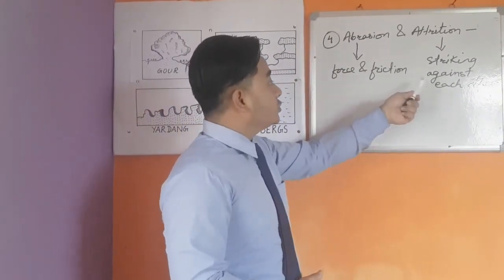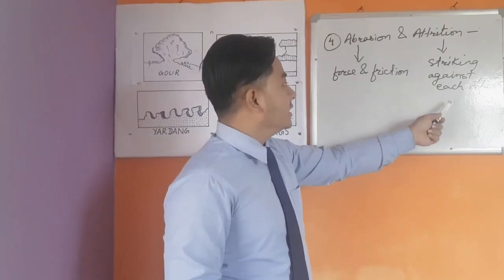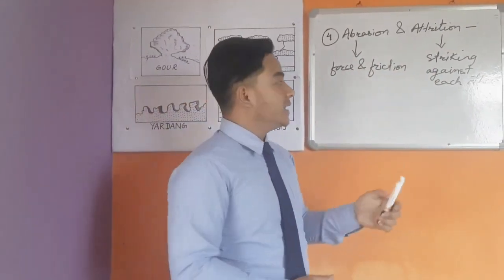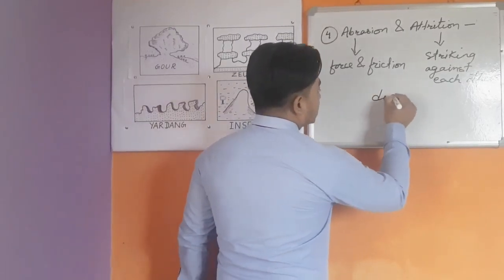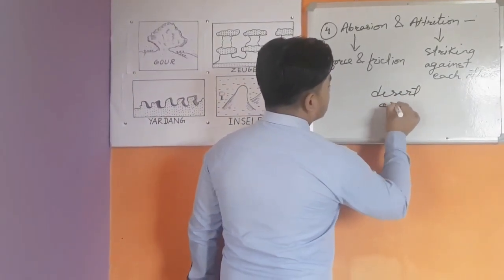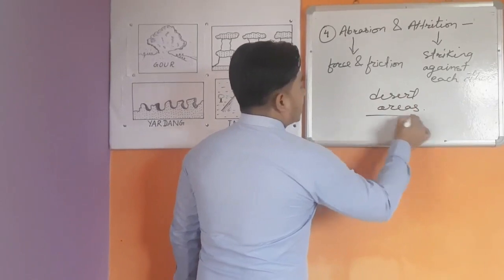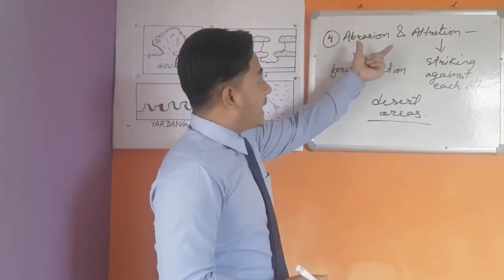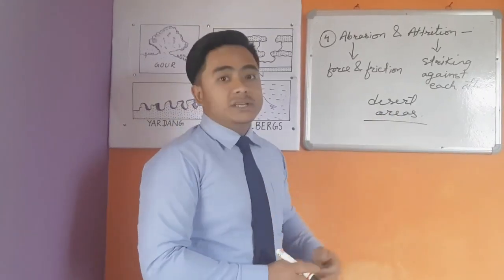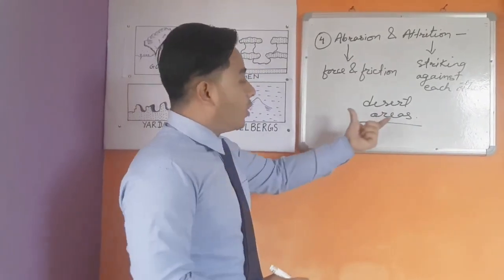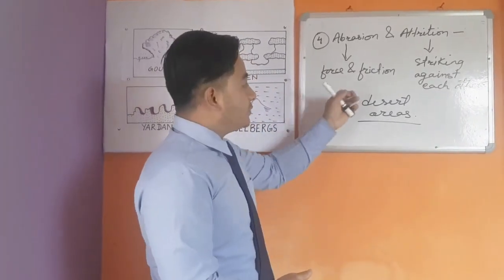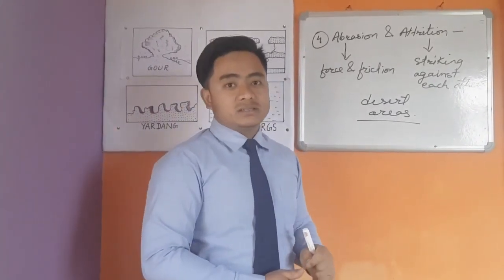These two erosional works of wind, abrasion and attrition, are mostly predominant in the desert areas. Hence, due to the predominance of abrasion and attrition in the desert areas, the work of the wind becomes very active and predominant in the desert areas.